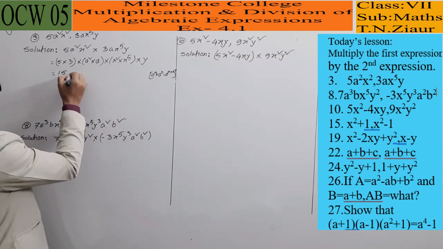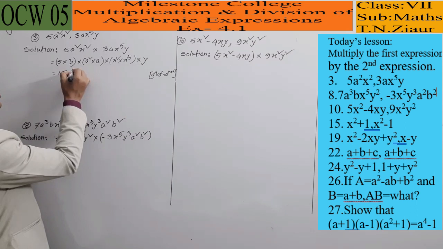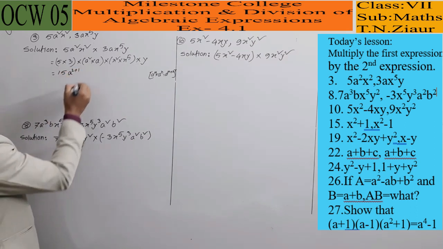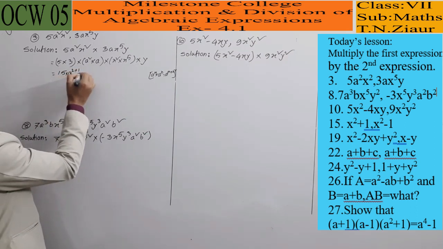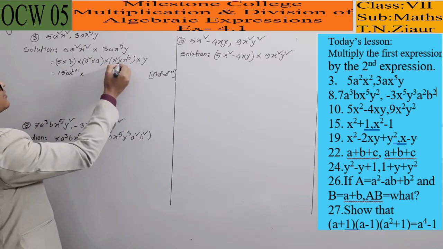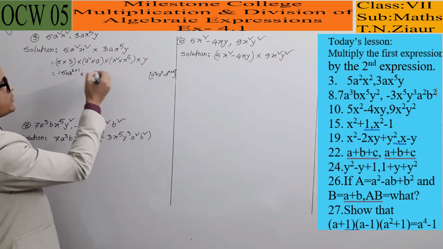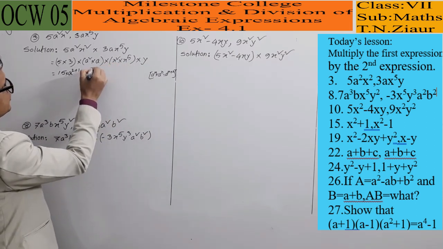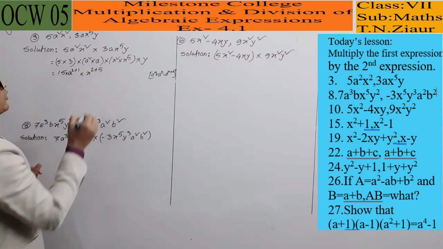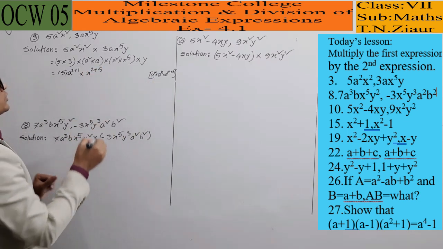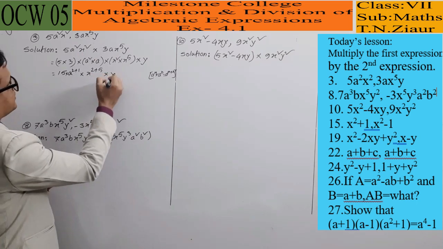So it will be a to the power 2 plus 1. Again, x square into x to the power 5 will be x to the power 2 plus 5. Again, this one by using this formula, into y.